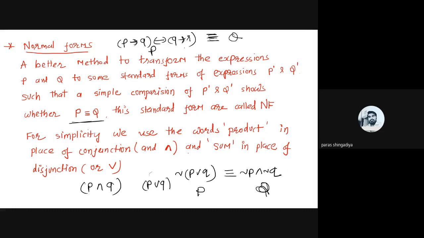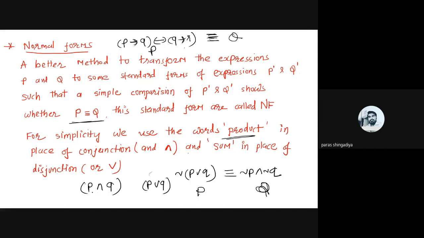And if it is given as p or q, we say it is a sum. In this normal form, we say it is the sum. And means a product. We replace the conjunction, meaning the and operator, by the word product, and for the or operator, the disjunction, we use the word sum.